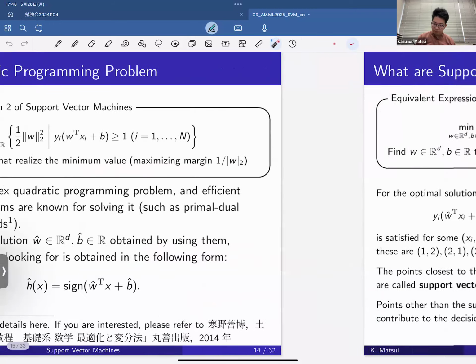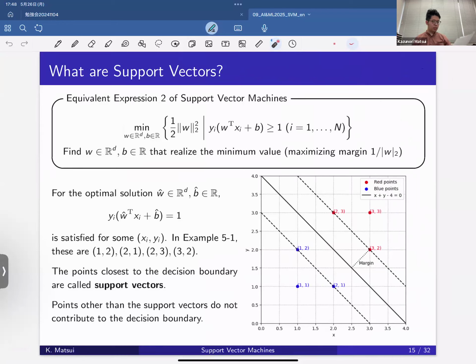So far we have been introducing support vector machines, but what is the support vector here? For the optimal solution, actually some xi, yi are found such that yi times (w xi plus b) equals 1. In the first example we gave, the decision boundary is actually the optimal solution.